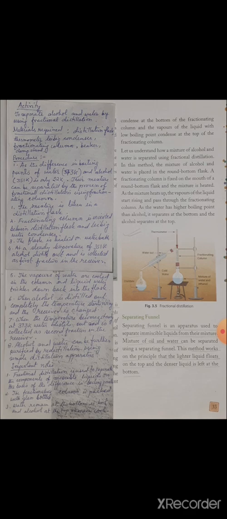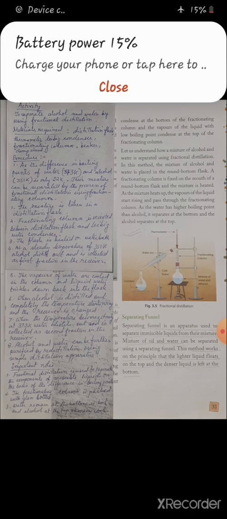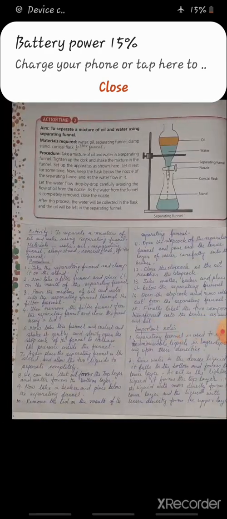This method works on the principle that the lighter liquid floats on the top and the denser liquid is left at the bottom. Now we will discuss the activity to separate a mixture of oil and water using a separating funnel.